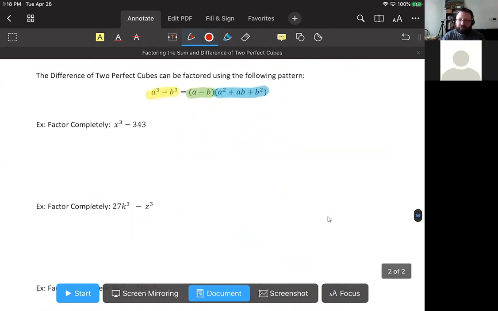So, once again, we're just going to dive in here and do a couple of examples. Here we have basically, this is in the form a cubed minus b cubed. So it will factor into a minus b times a squared plus ab plus b squared. So we'll have x minus, and what's the cube root of 343?